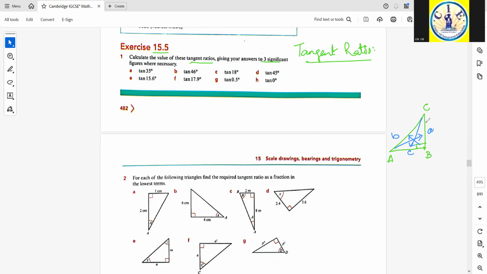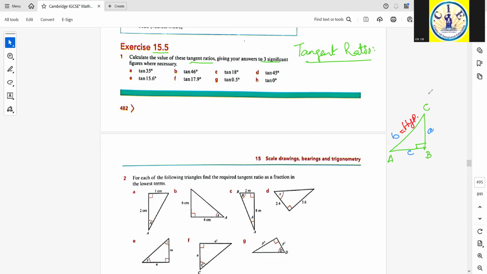Now, since we have got the right angle at vertex B, that is why this b is called the hypotenuse.